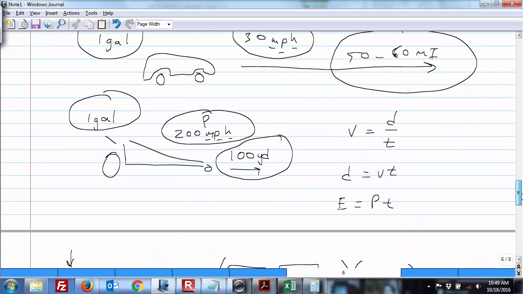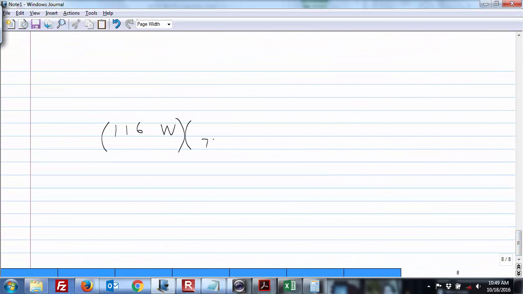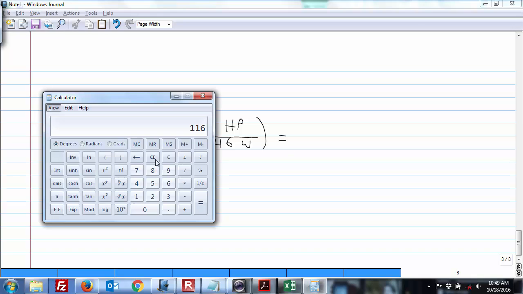It's 745.7, so it's 746 watts is 1 horsepower. So divided by 746 equals 0.115.